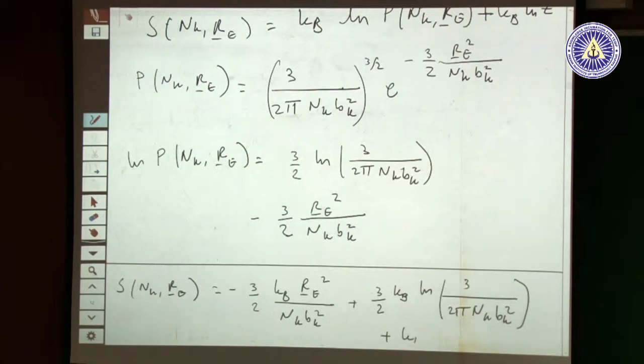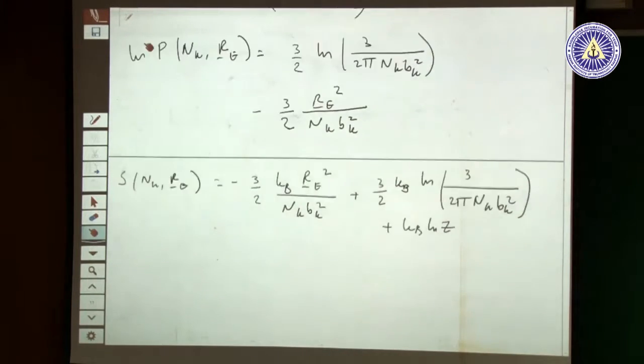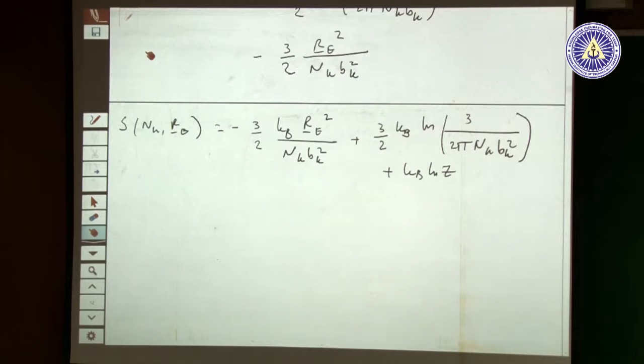So, plus Kb log Z. Now, notice that these last two terms do not depend on Re. So, I could simply say that this is minus 3 over 2 Kb Re squared over nk bk squared.